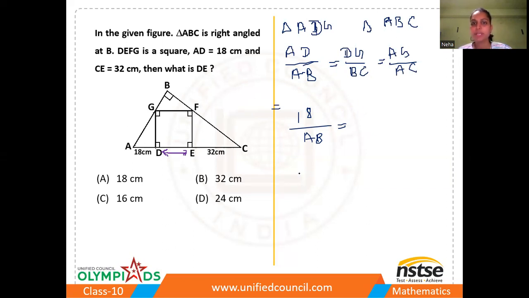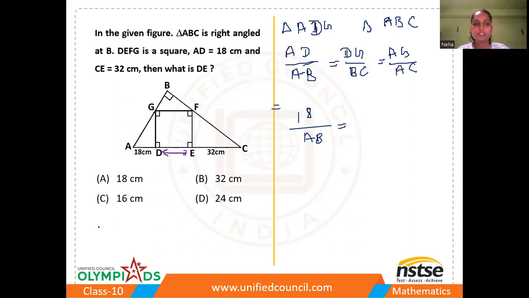Correct. Perfect. But let me show you one thing here. AD is equal to 18 and AB is not given. DG, right, so now this is the side DG, and this is the side BC. Where is BC? Yeah, this is the side BC.